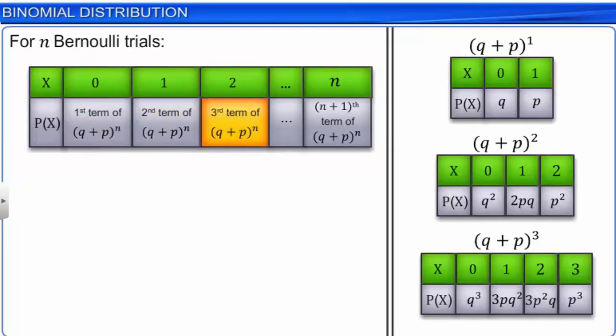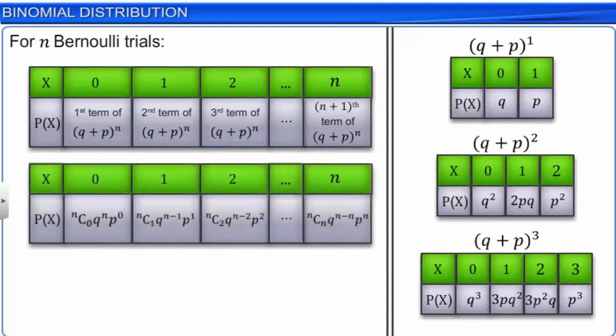The terms of the binomial expansion of Q plus P whole raised to the power n are shown. This probability distribution of a random variable X is called a binomial distribution.